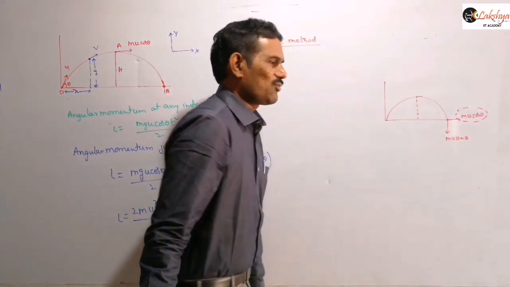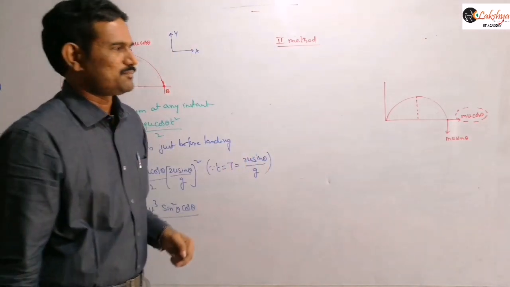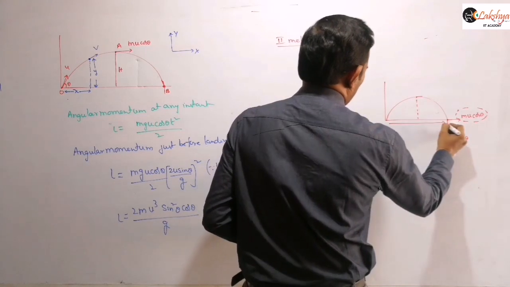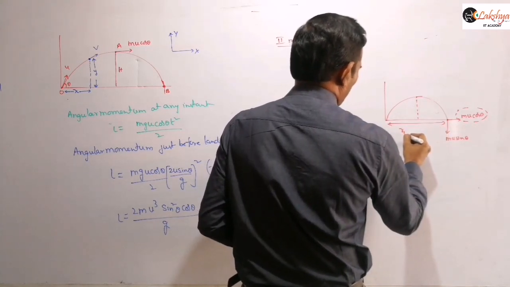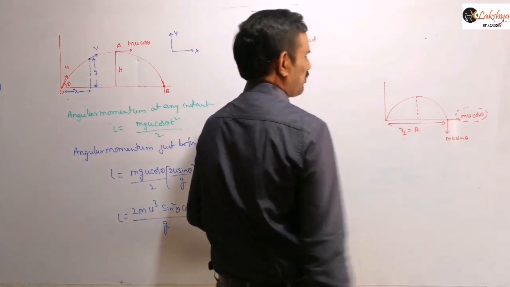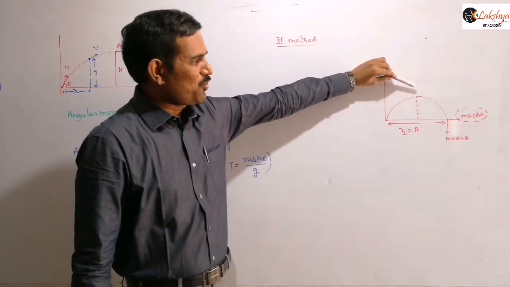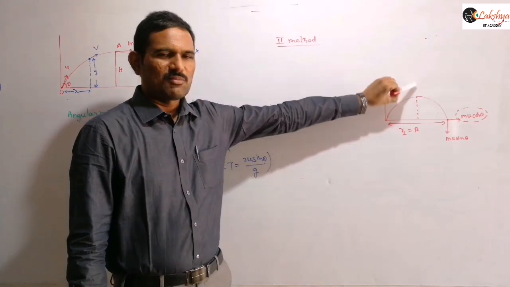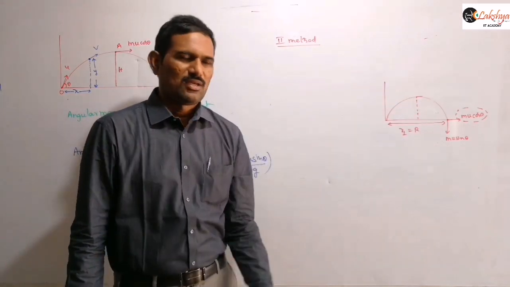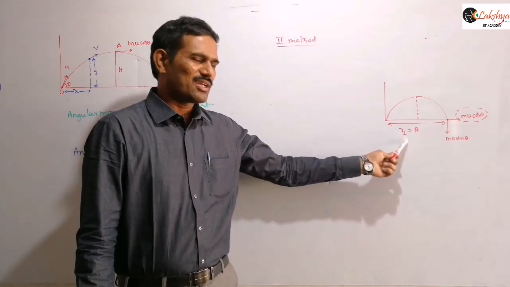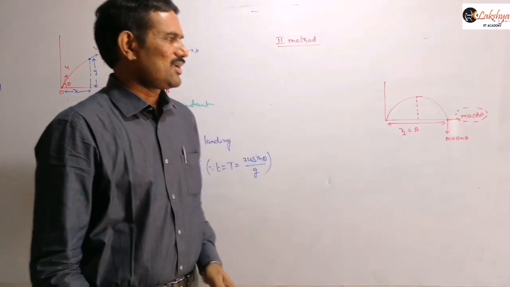Then there will be angular momentum due to m u sin theta, and for this, the distance is our perpendicular distance, r perpendicular. When it is at the highest point, r perpendicular is our maximum height, and when it is just before landing, r perpendicular is the range.